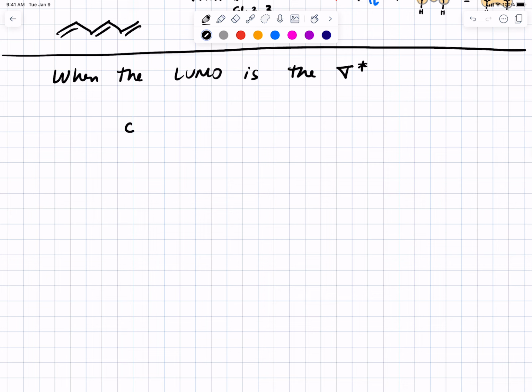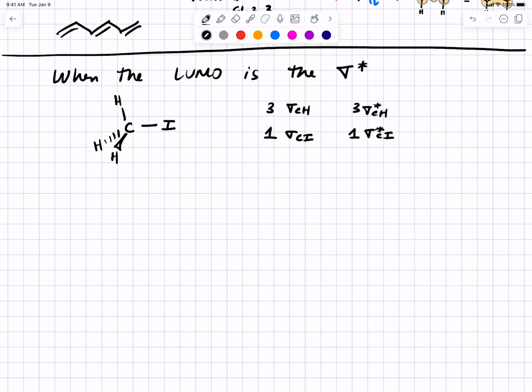Our example that we dealt with in previous times that we've met was maybe something like this, a carbon iodide bond. And you can look at that and say, okay, I have 3 carbon hydrogen sigma bonding orbitals, I have 3 carbon hydrogen antibonding orbitals, I have 1 carbon iodide sigma bonding orbital, and I have 1 carbon iodide sigma star antibonding orbital.